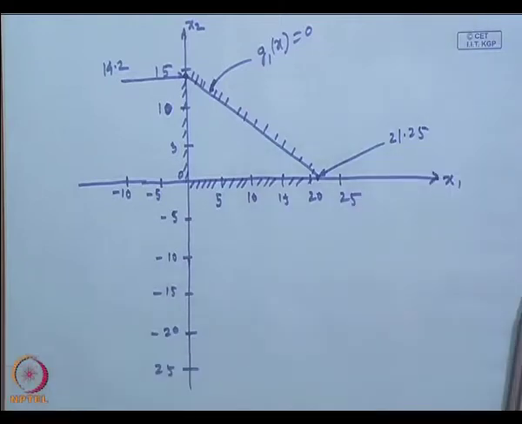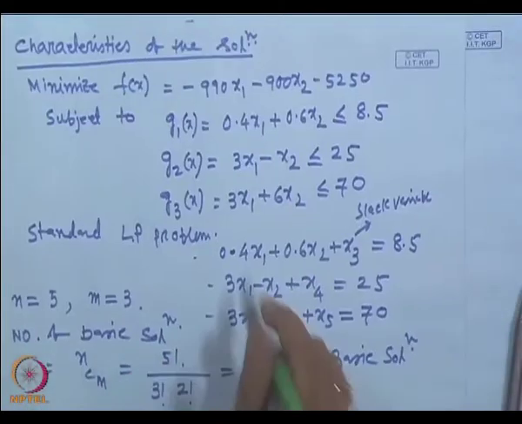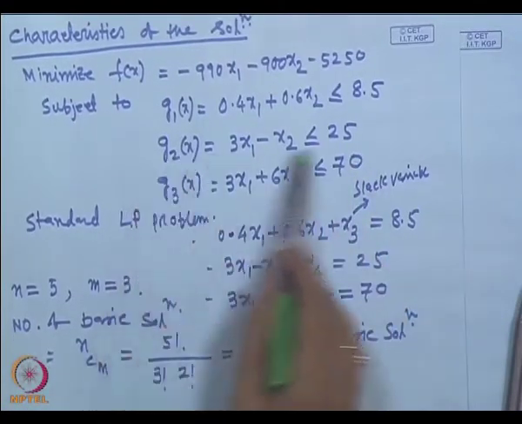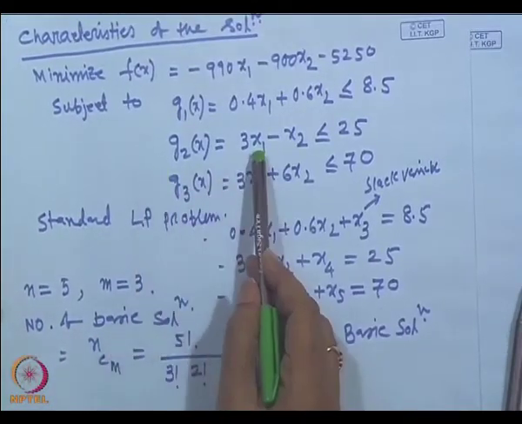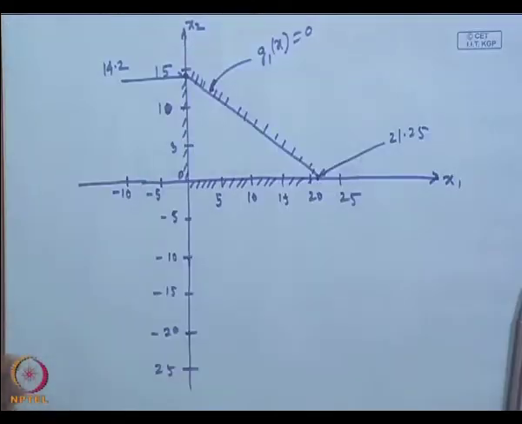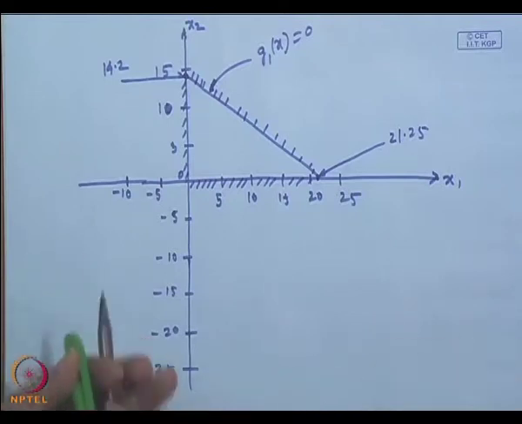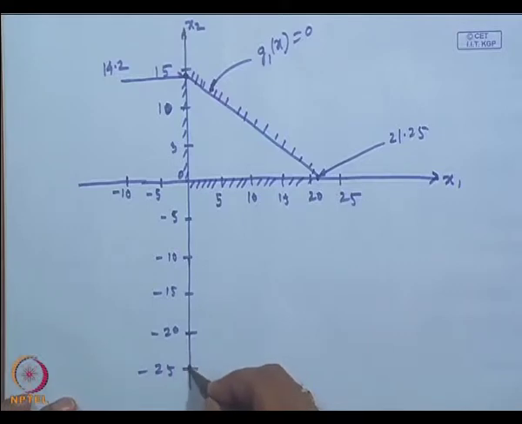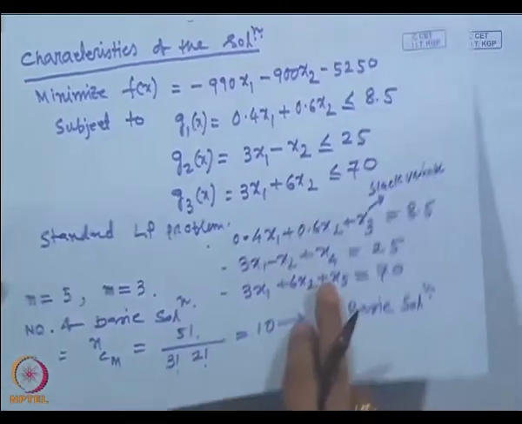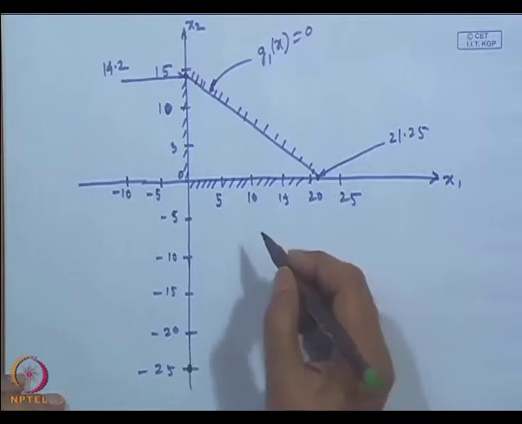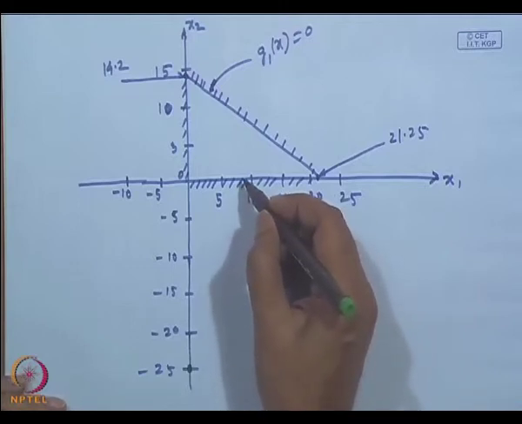Now, see our g 2. Similarly, you plot g 2. When x 1 is 0, x 2 is minus 25, so it starts from minus 25. When x 2 is 0, it is 8 point something, about 8.33, which is here.